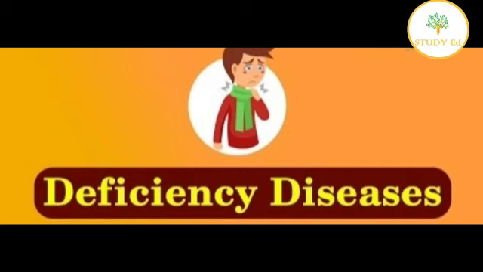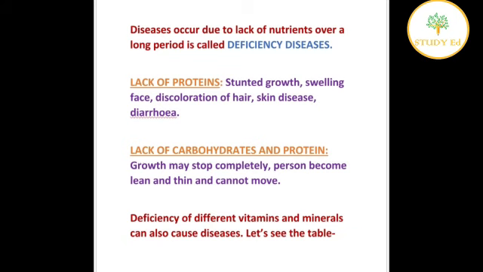And deficiency of one or more nutrients may cause diseases or some kind of disorder in the body. So, diseases that occur due to the lack of a nutrient for a long period of time are known as deficiency diseases. Let us see some examples.